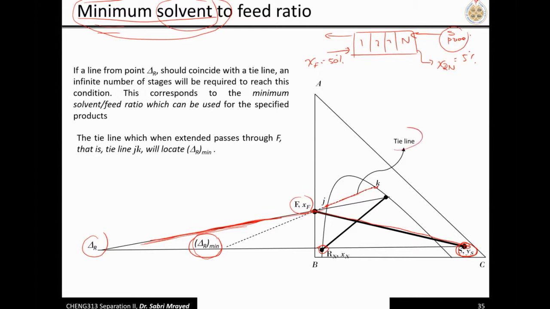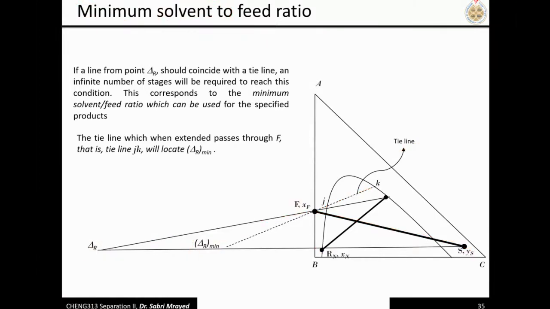Now, if you draw this line, that means if you go to this line and extend this one, if you take this point and this point, these are not at equilibrium.